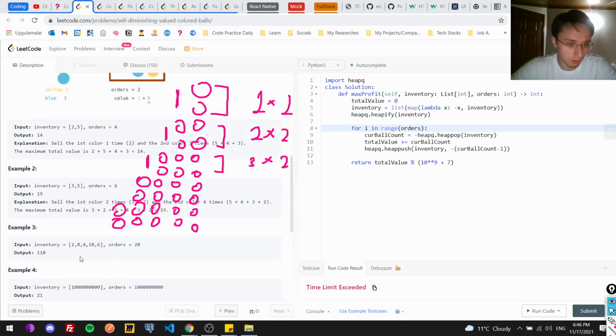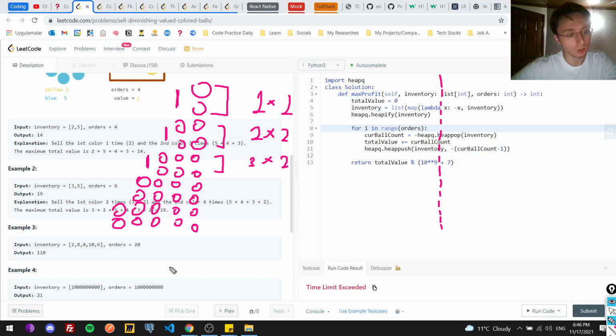But the problem actually is, if you take a look at this one, we have many of them in inventory. How do we solve this problem? Because we have 10 million of those, I guess, actually 1 billion.